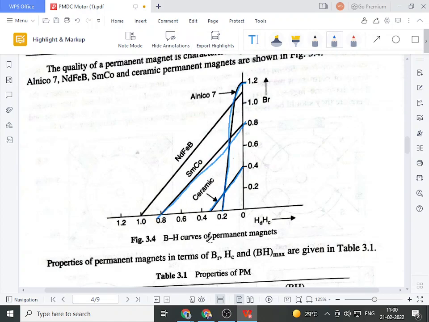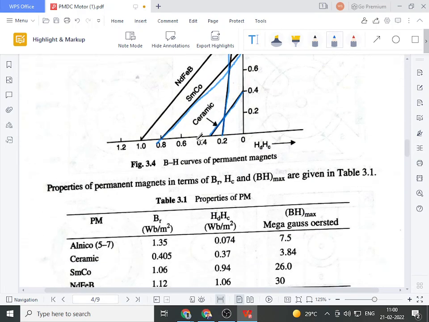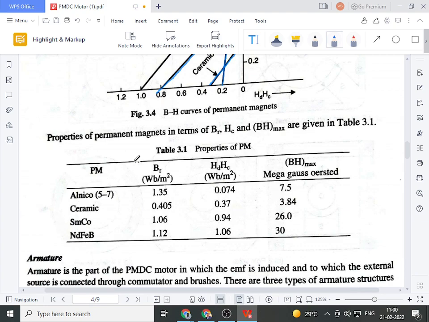From these BH curves for permanent magnets, you can see that for NdFeB magnets the BH product of B into H is high, meaning the area under the BH curve is high.